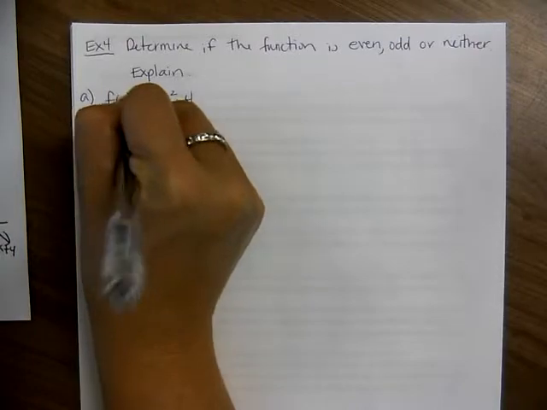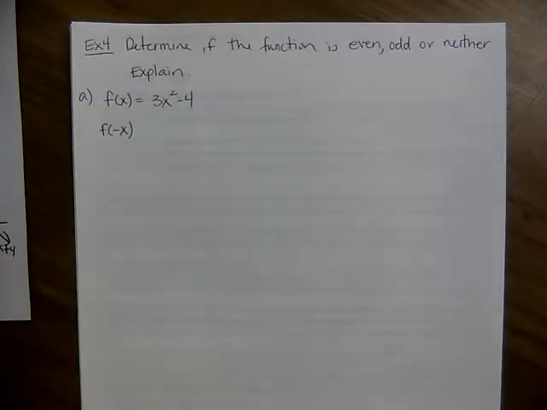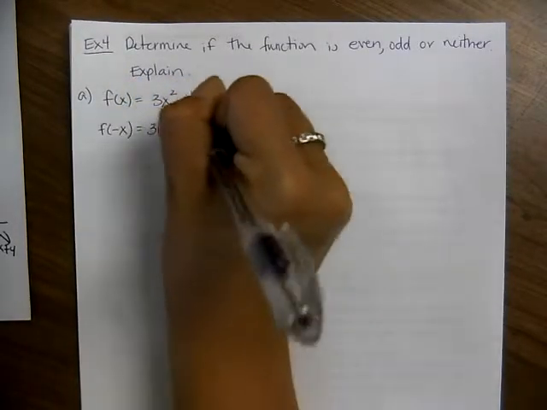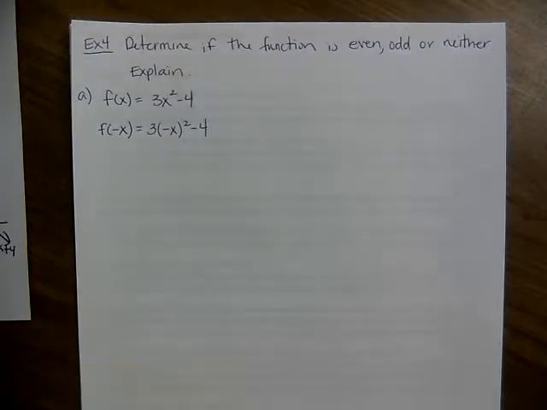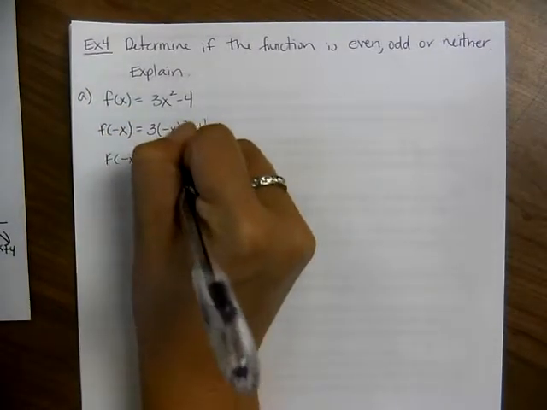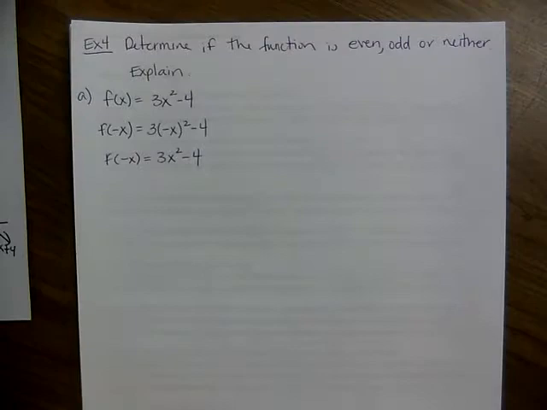So the notation I'm using is function notation. I'm showing the reader I'm plugging in that negative x value. So everywhere I see an x, I now change it to negative x. So that negative x squared is just a positive x squared, multiplying it by 3, I get 3x squared minus 4. There's nothing else I can do, right?